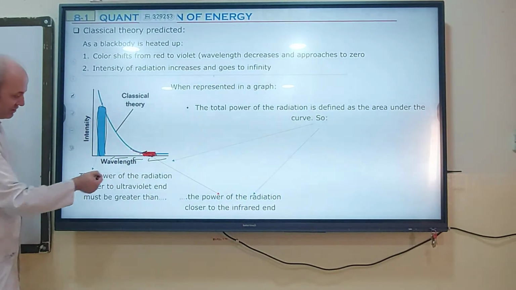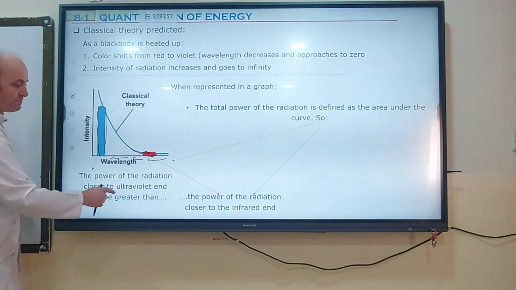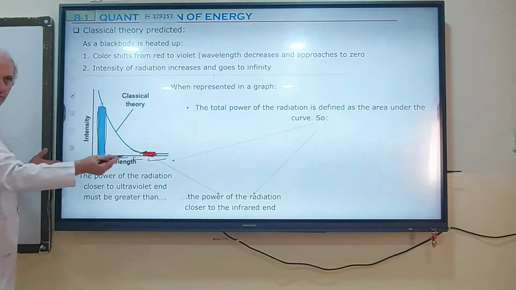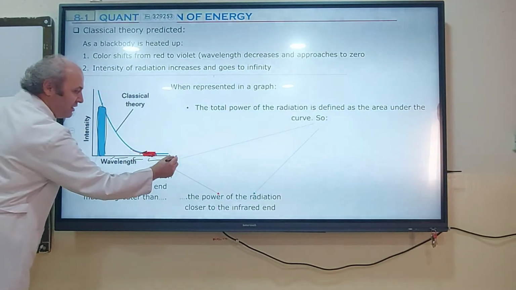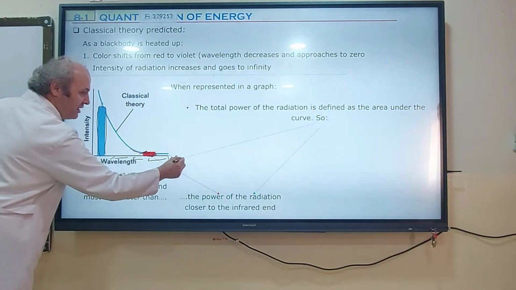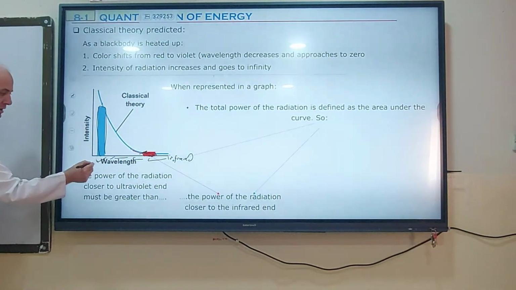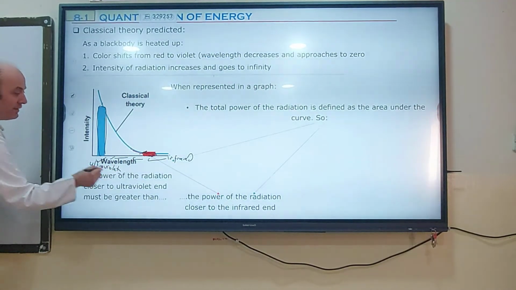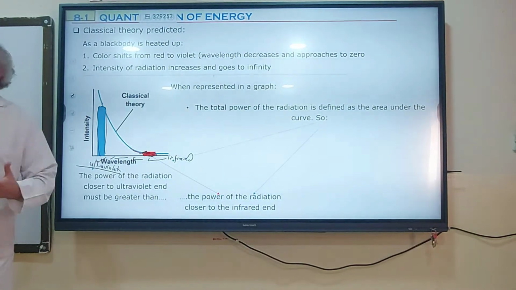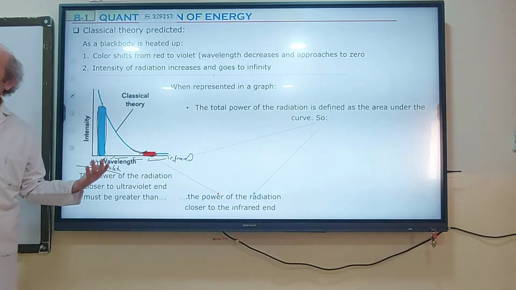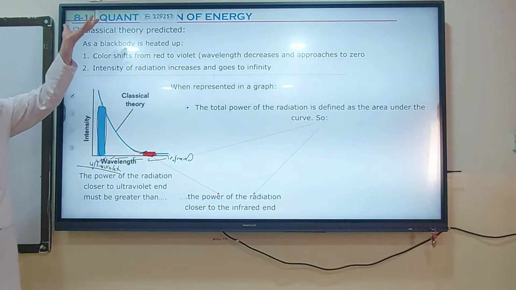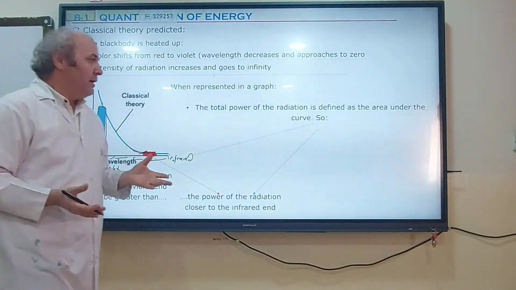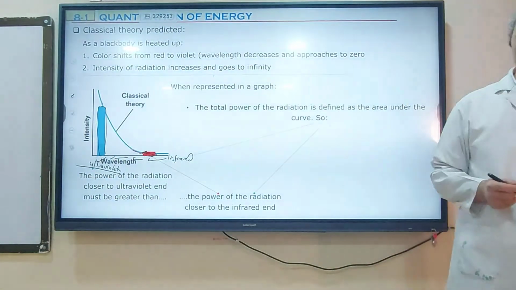So the power of the radiation closer to the ultraviolet end must be greater than the power of the radiation closer to the infrared region, because we know that longer wavelength is infrared, but shorter wavelength is what? Ultraviolet. So more energy. The classical model says that as the radiation's wavelength approaches the ultraviolet, intensity must also increase. As intensity increases, of course, power will increase as well.